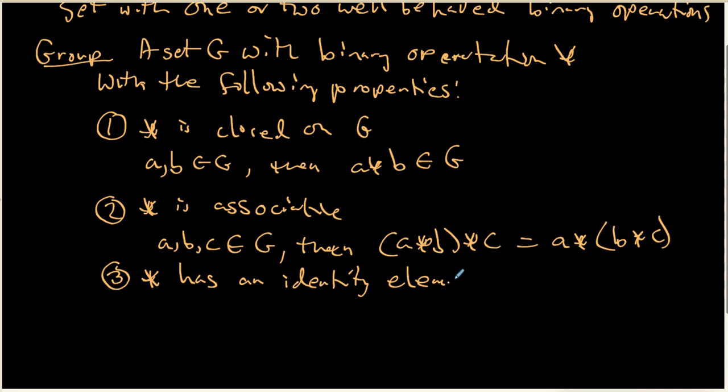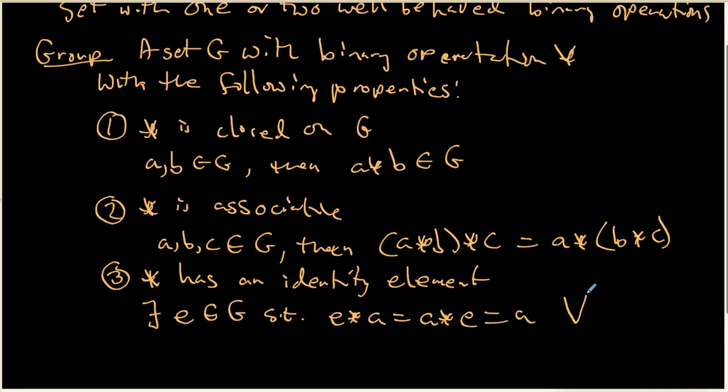And an identity element is nothing more than something that for group theory is often called E. So there exists an E inside my set G such that E starred with A equals A starred with E equals A, and this is true for every single element inside the group G.